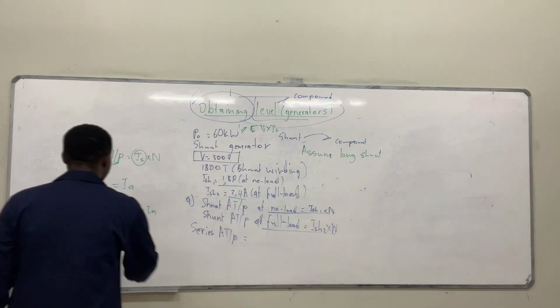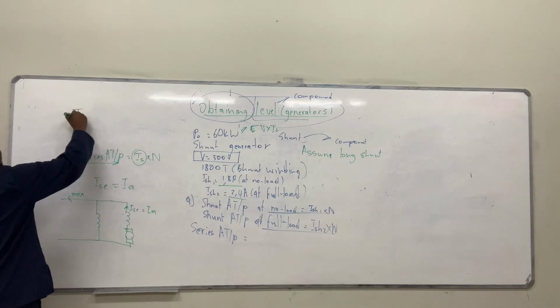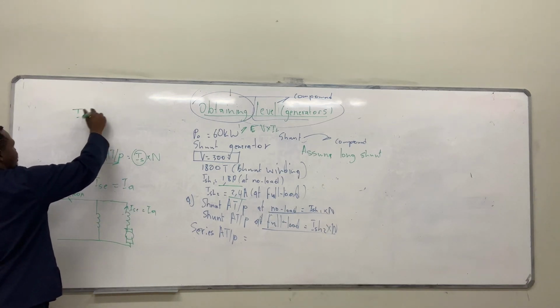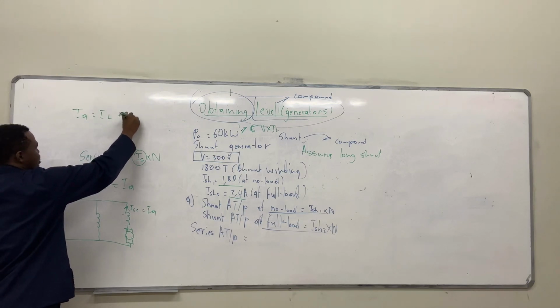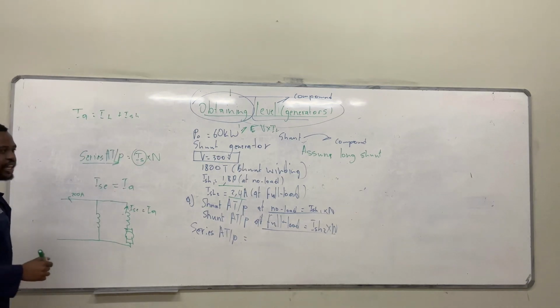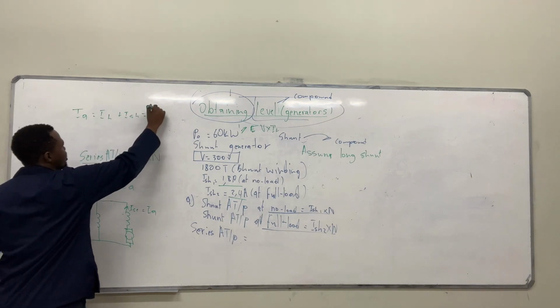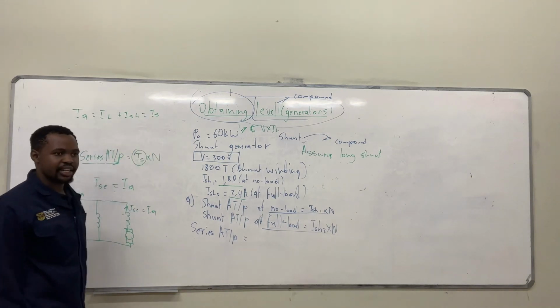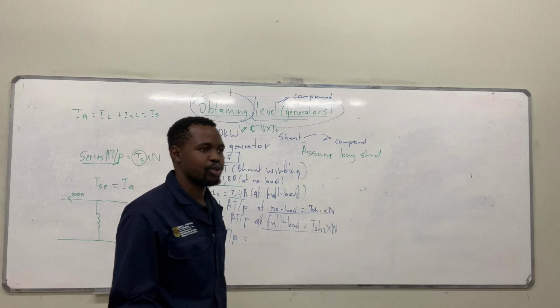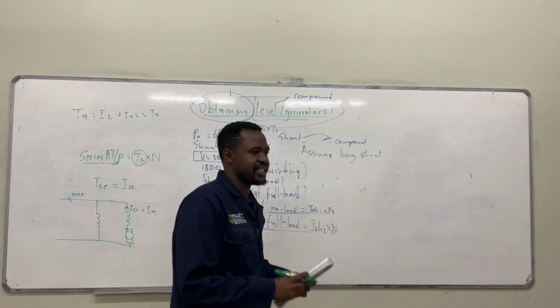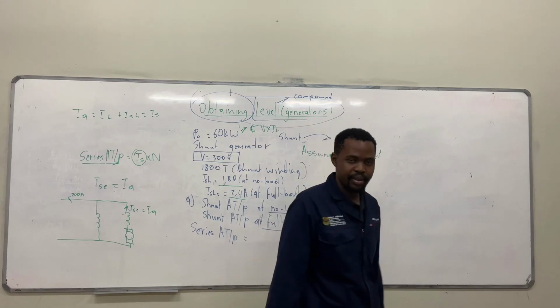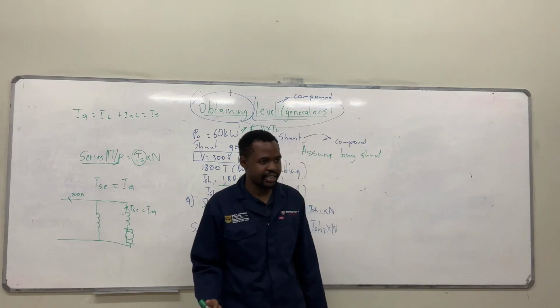Because when we want IA here, IA is equal to I load plus I shunt. And your IA is equal to I series. Which current should we use? Let us look at that part that says important.